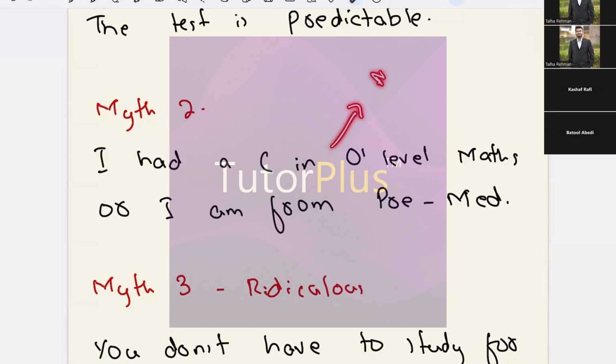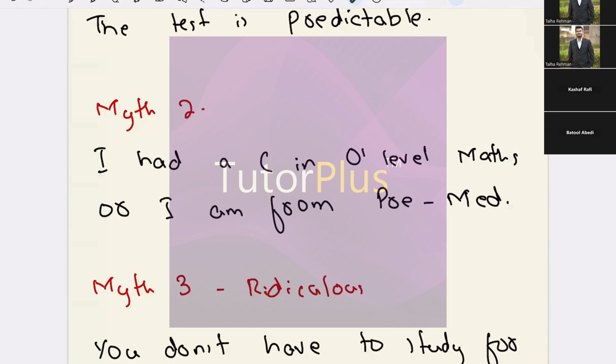They sit the MDCAT exam in Pakistan, and somehow they're not able to get into their desired medical colleges, so they decide to change their field and get into IBA. And please notice that I'm talking about people who have not studied maths in the last 2 or 3 years, and even so they study for it, do pretty well, and get into IBA or LUMS as well.